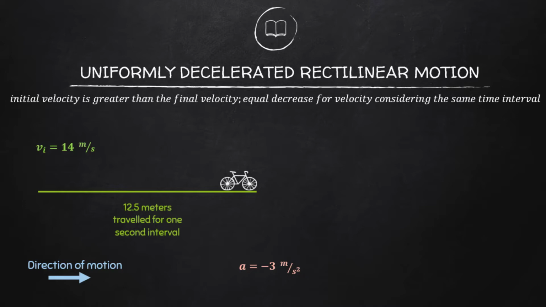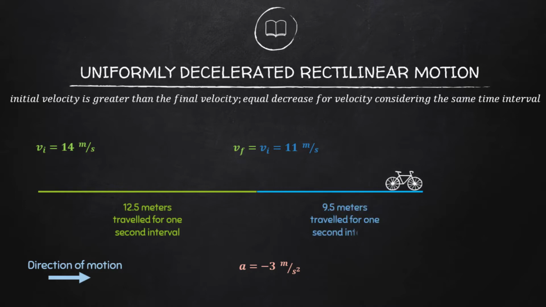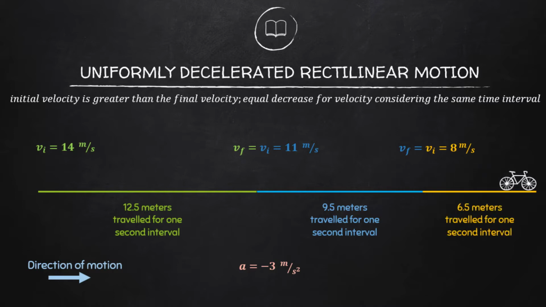And its final velocity at the end of this interval is now 11 meters per second. After another second, it traveled 9.5 meters, and its final velocity at the end of this interval is 8 meters per second. After another second of time interval, its final velocity will become 5 meters per second.